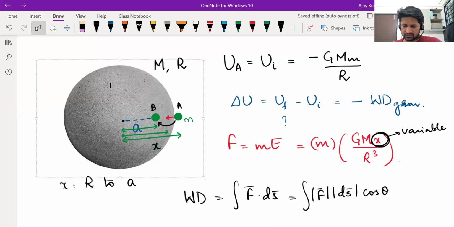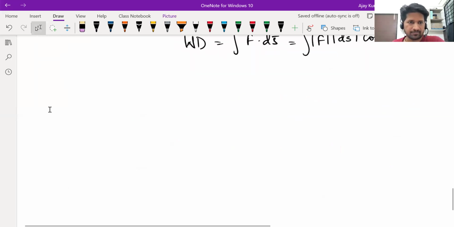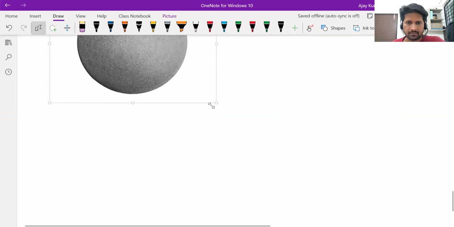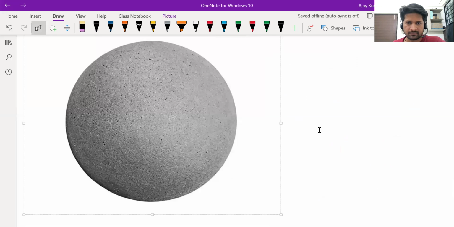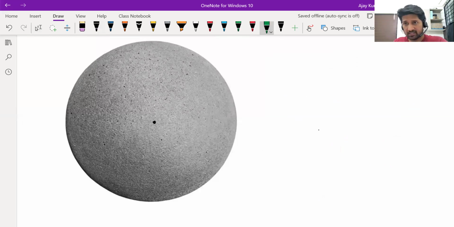Fine. Let me just take another picture. This is the center. Let's say as the particle is being brought from the surface to some random distance a, assume at some instant it is here. Then the gravitational force acting on the particle will be towards the center of the solid sphere. And that force can be written as mass multiplied with the field.